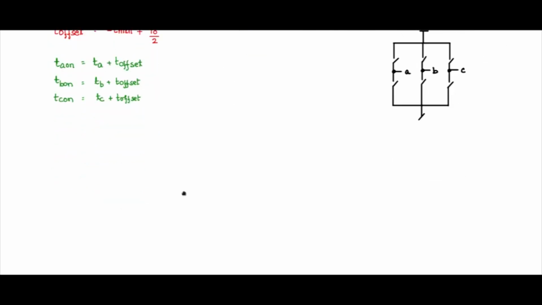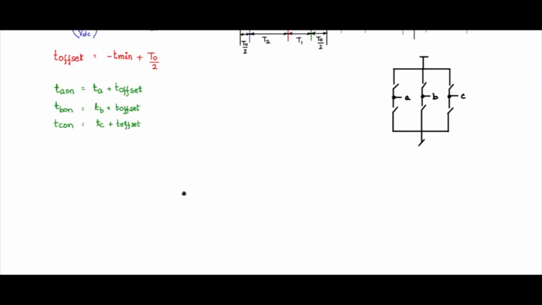Let us have a look at the algorithm that you would implement. First calculate TA, TB, TC. The input is VA star, VB star, VC star, which you get as input to your PWM block. Using that, you can define constants TS and VDC, and TS is the carrier period.